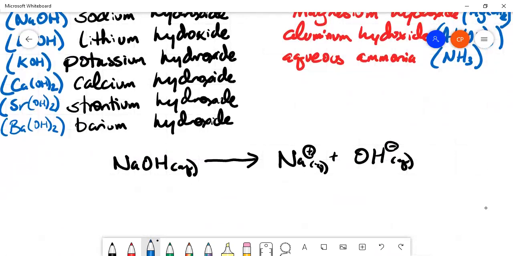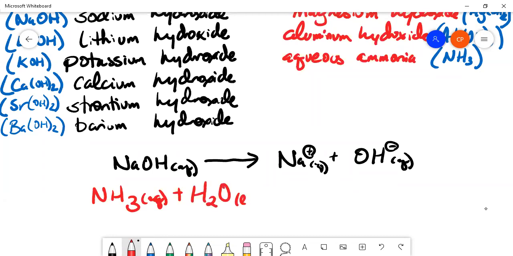Ammonia's reactivity doesn't make sense when we just consider NH3 on its own. We need to consider NH3 in reaction with the water it's dissolving in. NH3 plus H2O, a liquid.